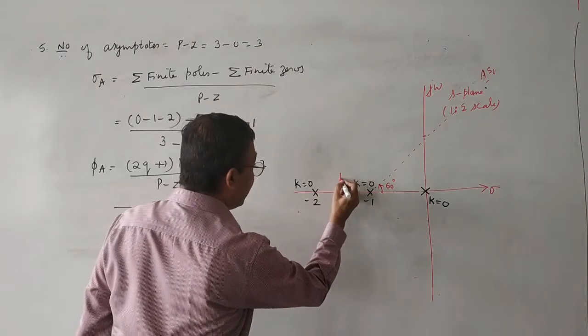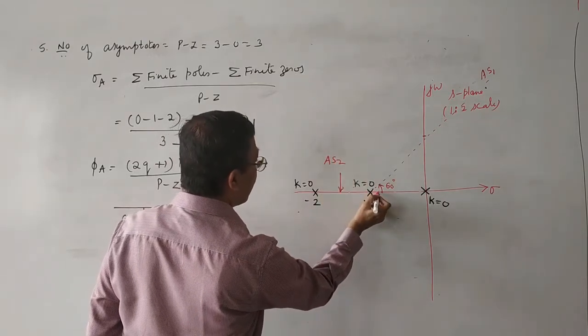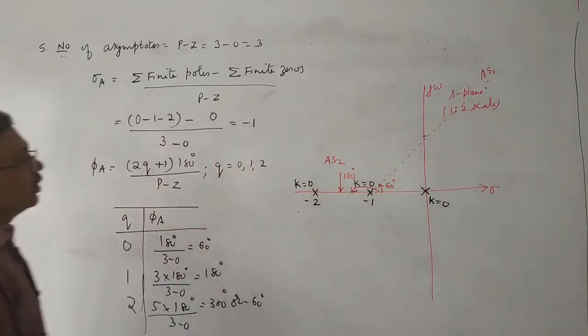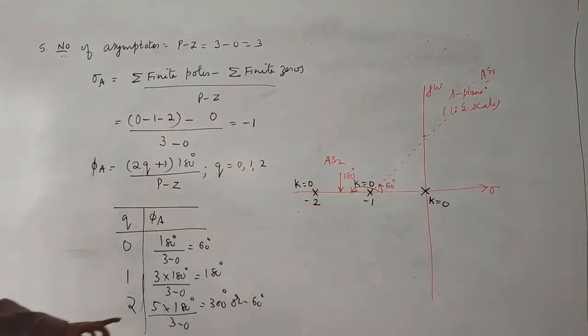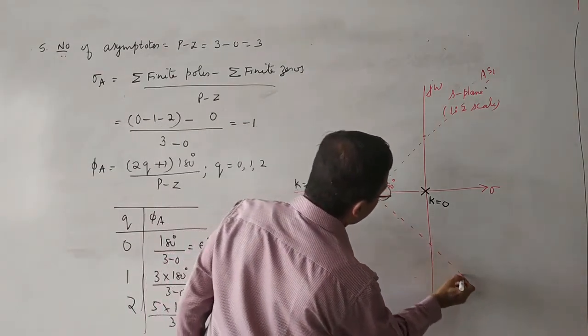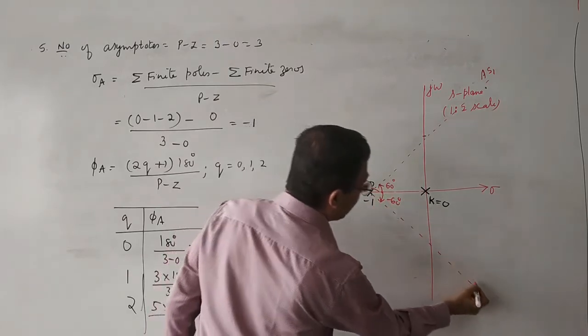Therefore, this axis itself is the asymptote, which starts at minus 1 and makes an angle of 180 degrees. Third asymptote makes an angle of minus 60 degrees. This is the third asymptote.